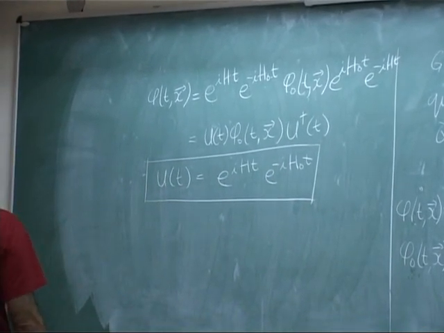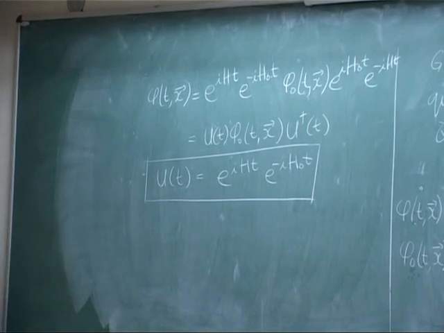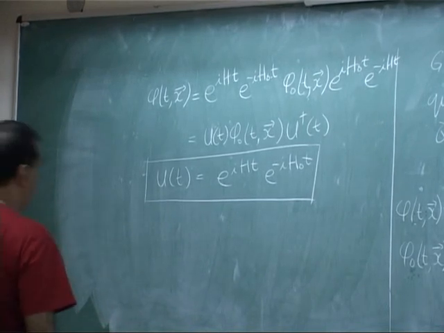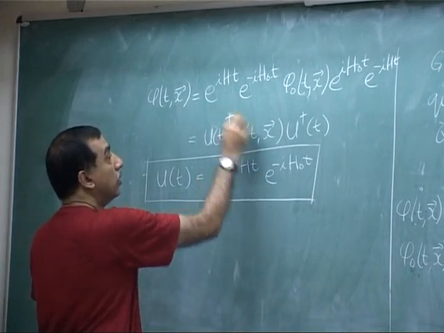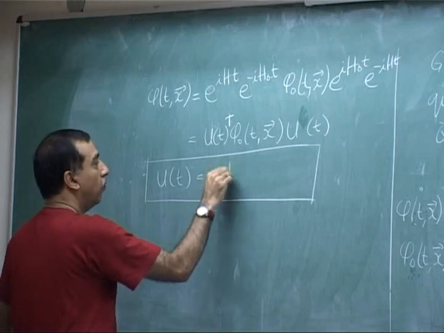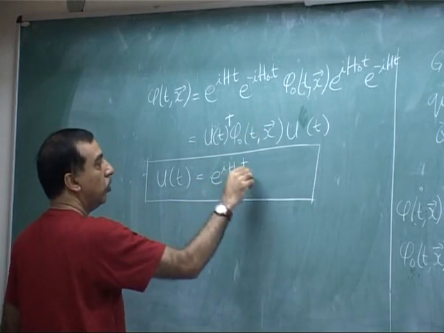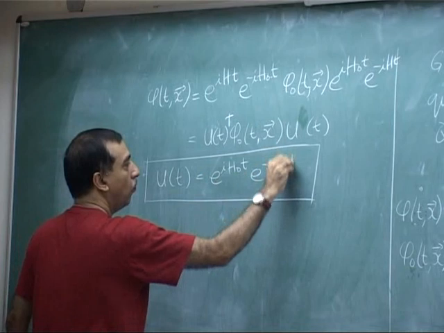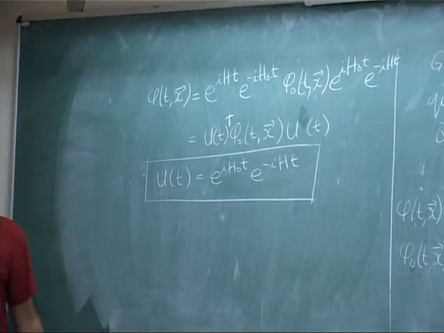Sorry, I think it's the other way around. Don't write as yet. Yeah, it's the other way around. So it's U dagger, and here is U. So U is whatever is on the right side. Okay?